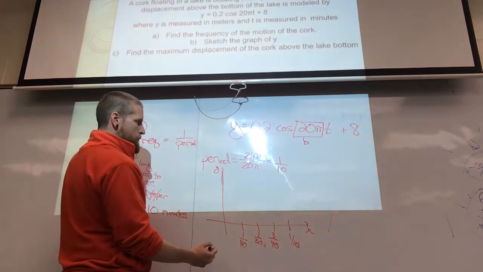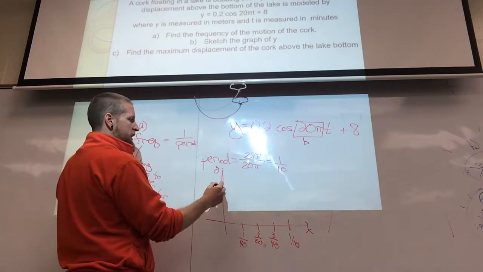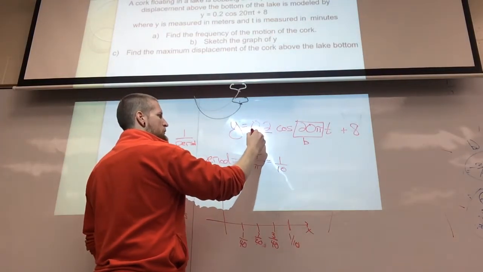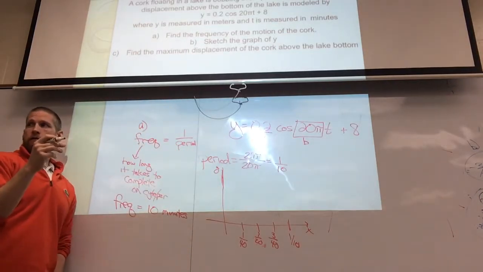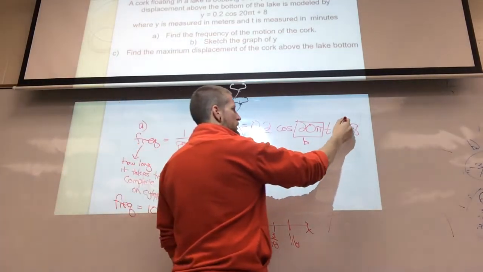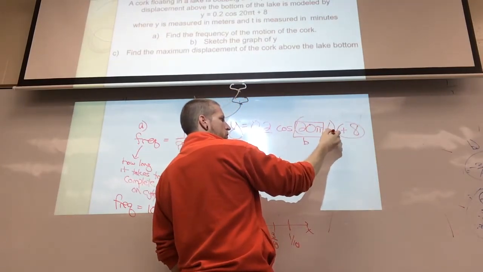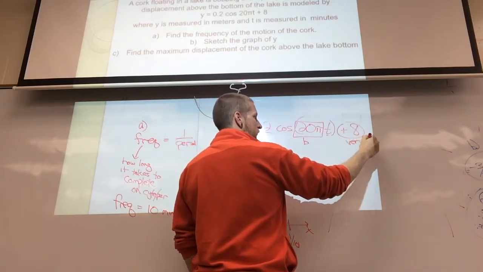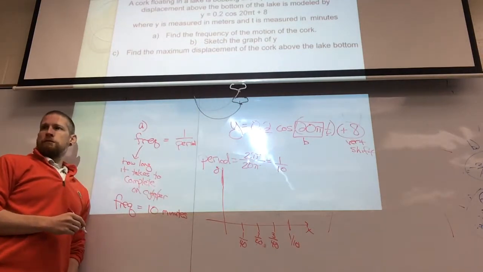Okay, for the up and down portion, right? The y-axis is related to this number, which would be my amplitude, the 0.2, correct? Okay. And then this number out here, it's not grouped with the variable, there are no parentheses around it. So if there's no parentheses, this is standing for a vertical shift, not a horizontal one.